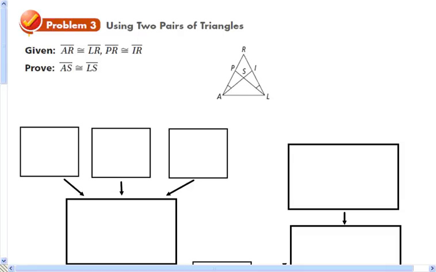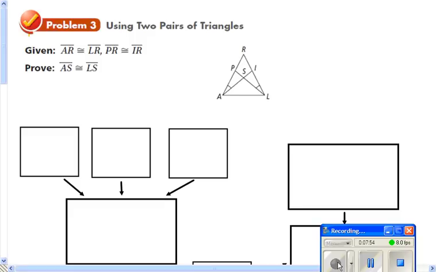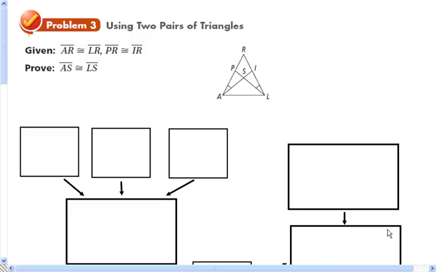All right. Next thing we're going to show is we're going to use two pairs of triangles here to prove this. What I'm going to try to do is show that these two angles here are congruent, and if those are congruent, then we'll use the converse of the isosceles triangle theorem to show that those two legs there are congruent, which is what we're trying to prove, that side AS is congruent to segment LS.